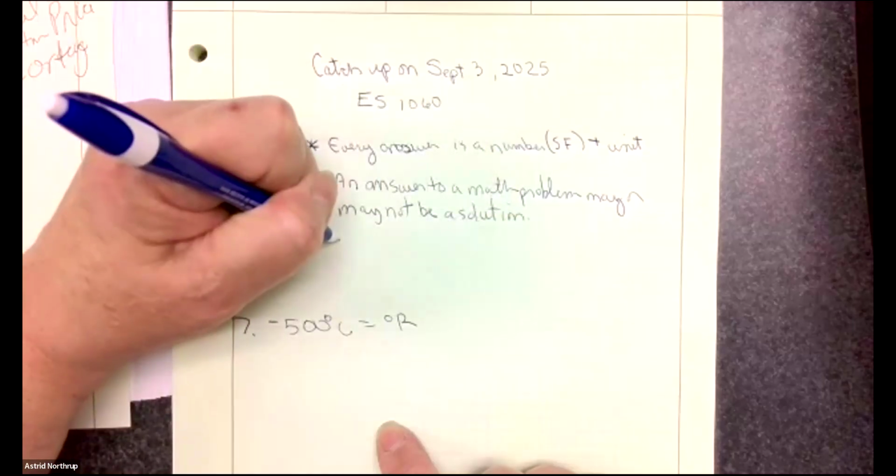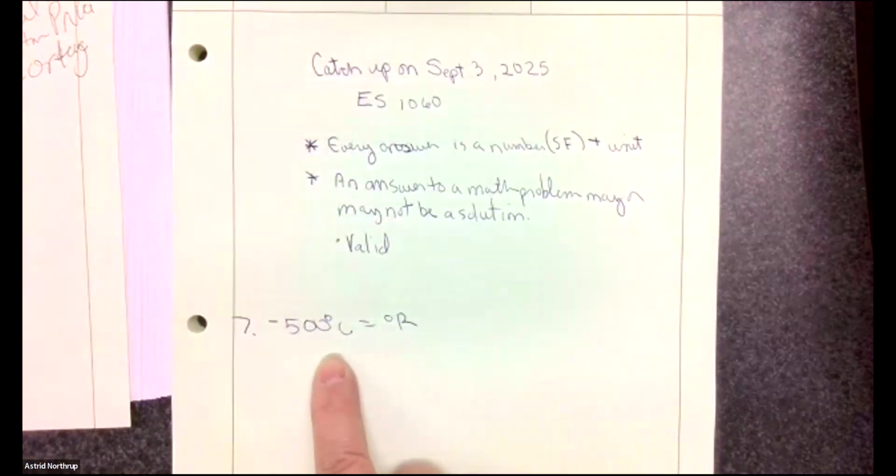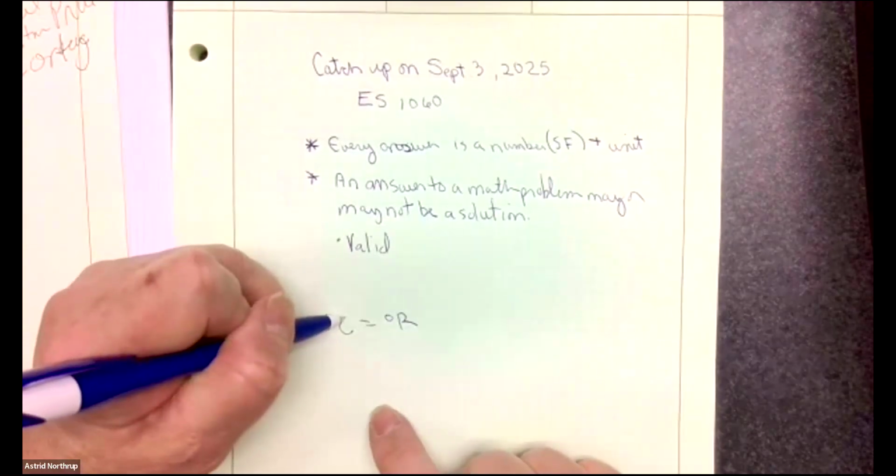In other words, the answer has to be valid in order to be a solution. So let's look at this problem: negative 500 degrees C equals how many degrees Rankine?